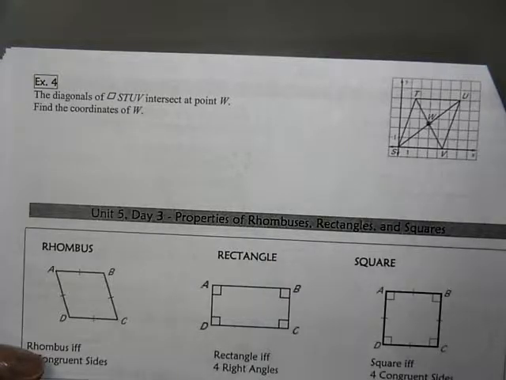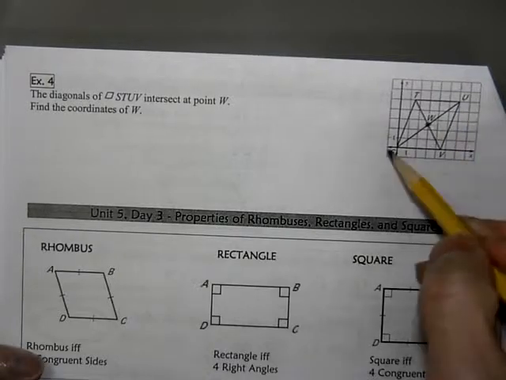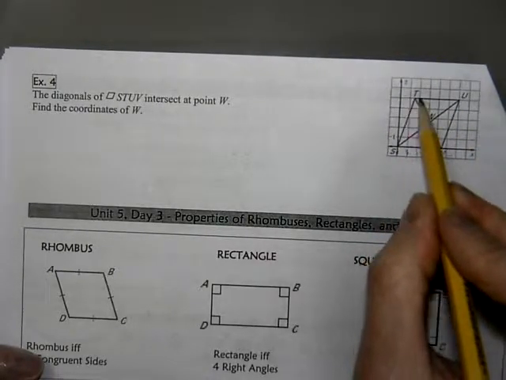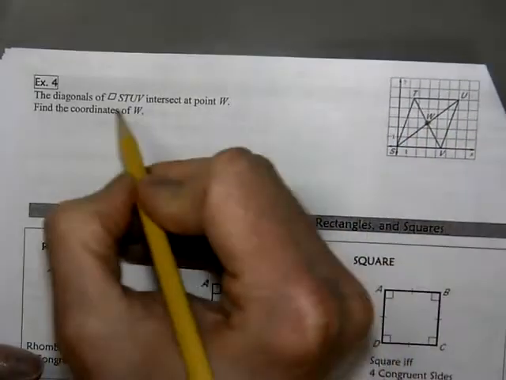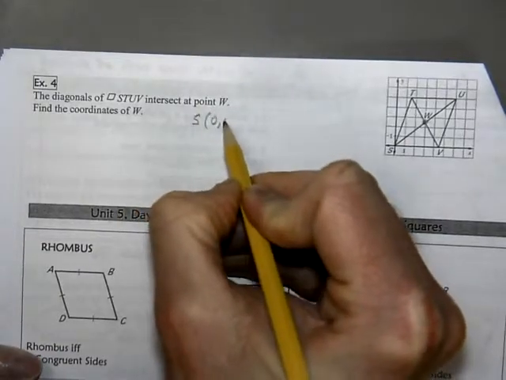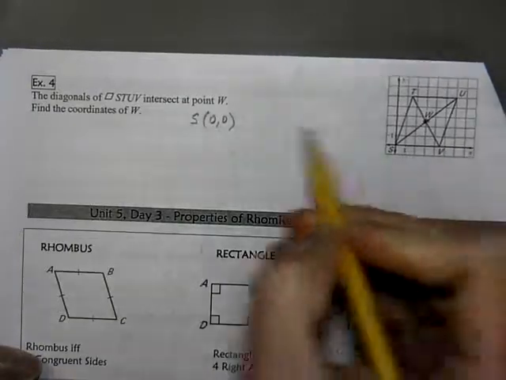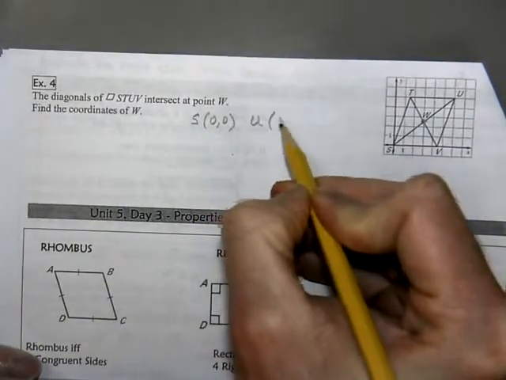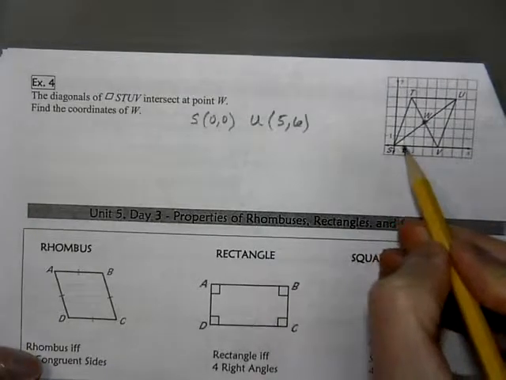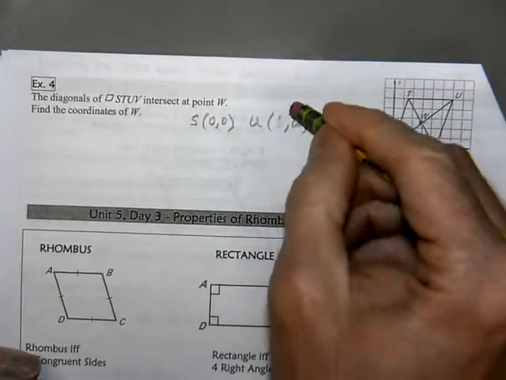But to be a little bit more mathematical, we talked about how W has to be the midpoint. Since T and V don't quite seem to hit right at a vertex, I'm going to use the fact that S is at 0, 0, and U is at, 1, 2, 3, 4, 5, 6, actually, it's at 6, 5.